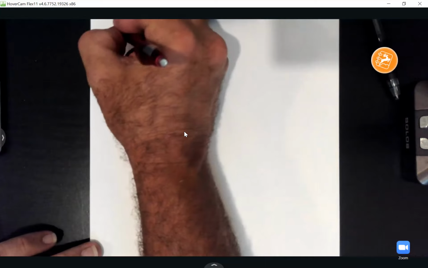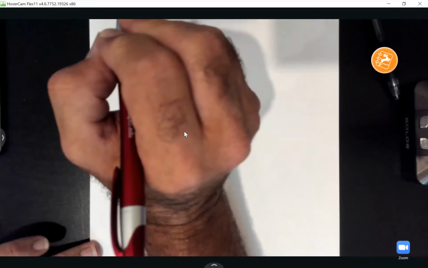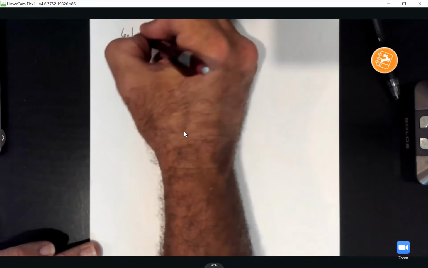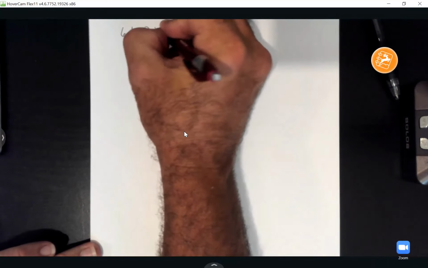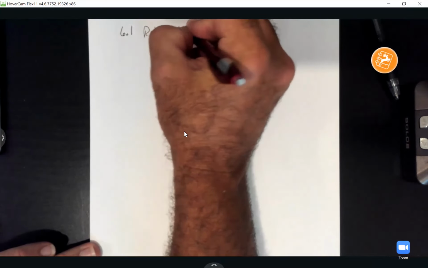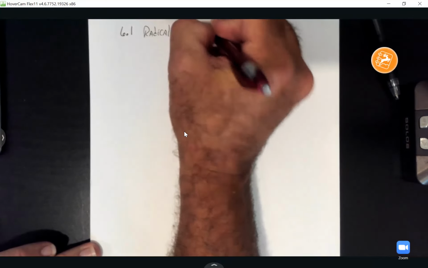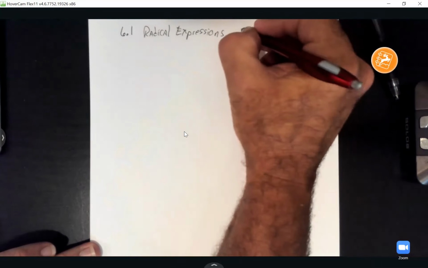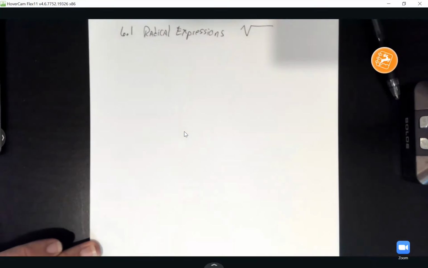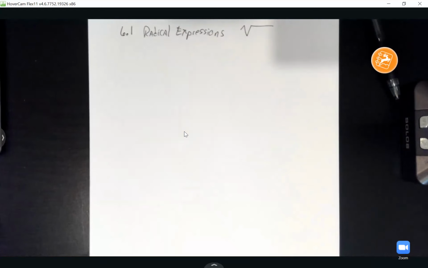So 6.1 deals with radical expressions. So radicals we're looking at is just going to be square roots. So the first thing they want us to do is find the domain of a radical function.